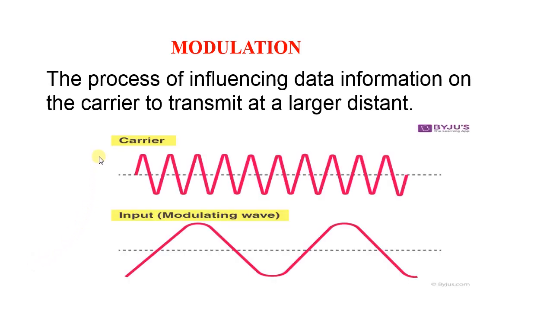In the figure, we can see the carrier wave, having high energy and high frequency, while another wave is called the message or input, having low energy and low frequency. According to modulation, when both waves are mixed up or superposed on each other, a modulated wave is generated.